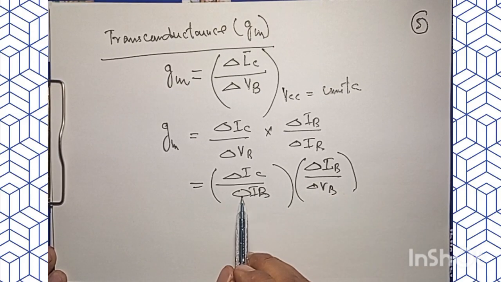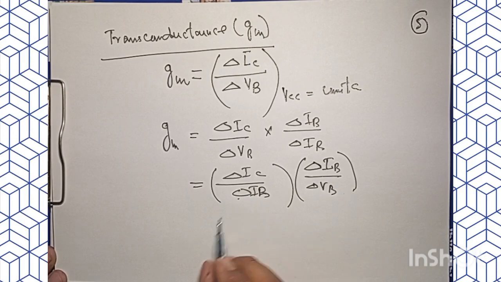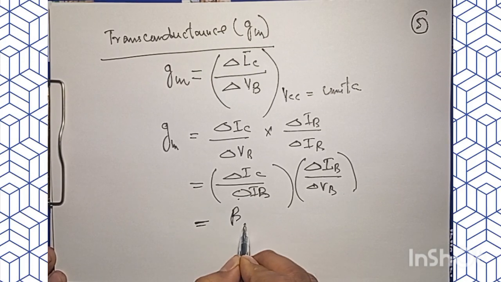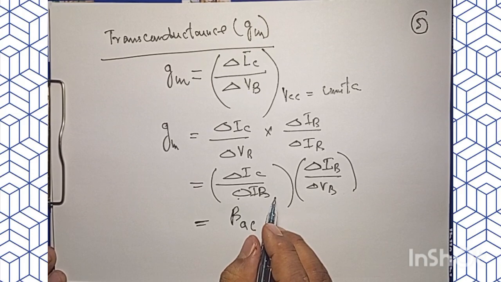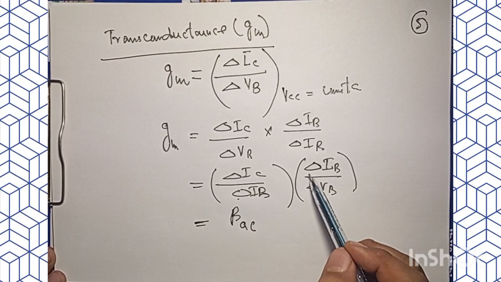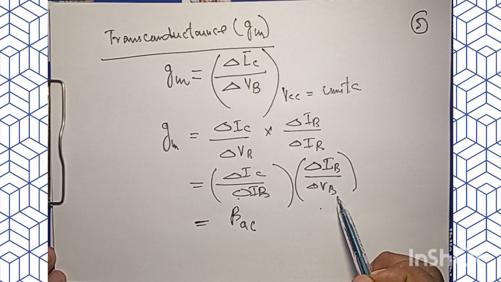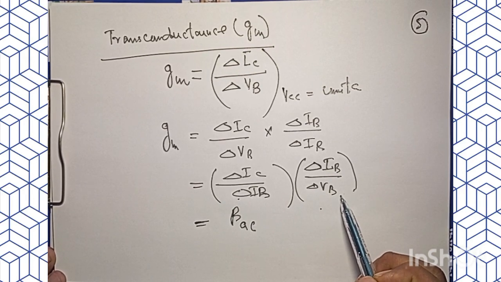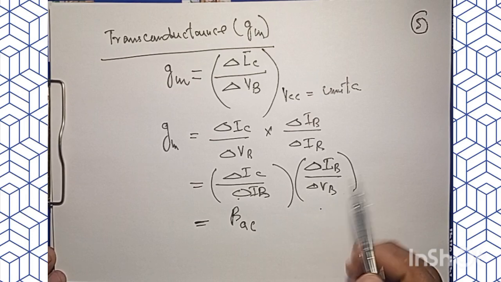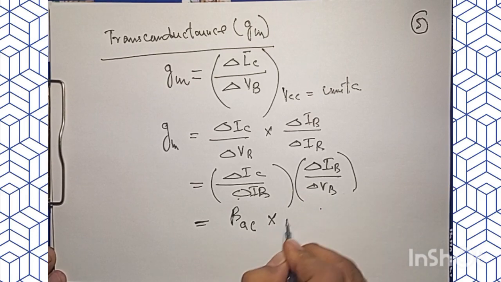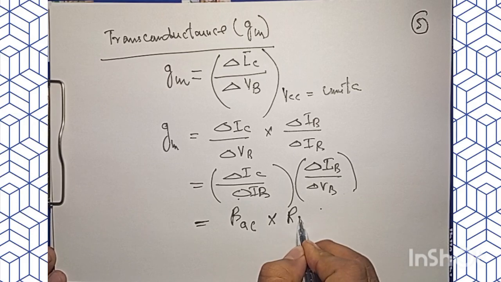Now this delta IC by delta IB is certainly beta AC. And the reciprocal of delta IB by delta VB will give us the input resistance, so I will call this RI.